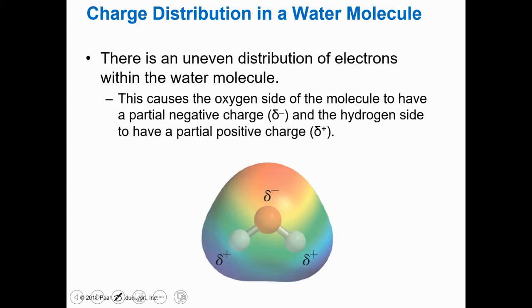So here's just another picture that is showing you. We're talking about an aqueous solution. We're talking about solvent being our water, and water dissolving solute like sodium chloride. So here's our oxygen, here's our hydrogens. And because of that electronegativity difference, the oxygen carries that partial negative charge.